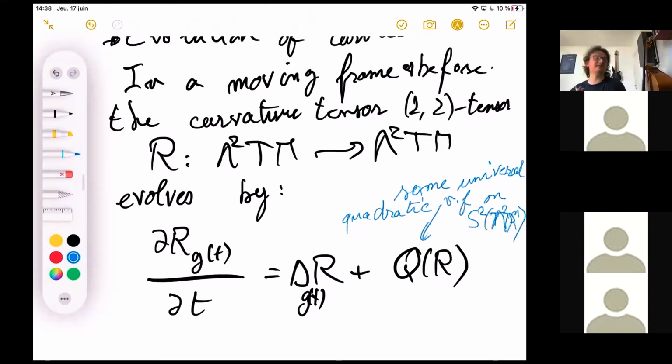Something which takes a symmetric matrix defined on two-forms and gives you another one in a quadratic fashion. We will see what it is in dimension 3. It's not too complicated in dimension 3. In higher dimension, you have to be a little more careful.